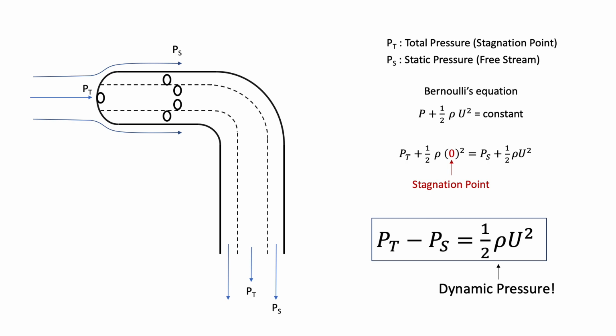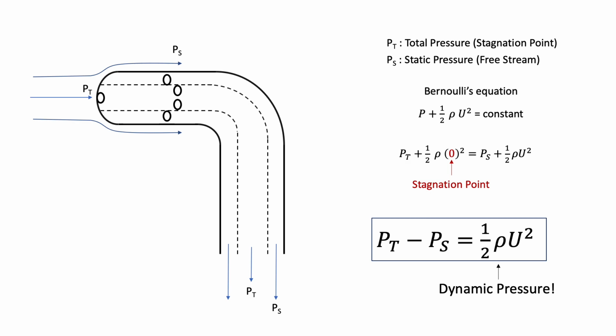Okay, so you have a similar diagram to this in your lab handout, but this is a diagram that shows how the Pitot-static tube works. So it has a hole at the front, which measures the total pressure at a stagnation point, which has 0 speed, and holes on the side, which measure the static pressure, PS, which is the pressure of the free stream.